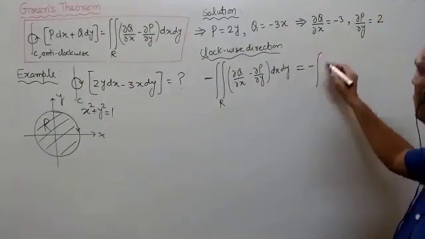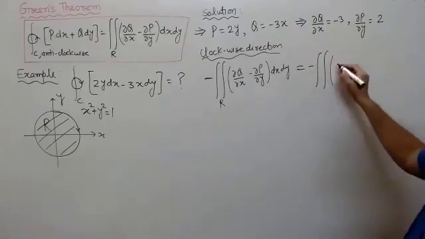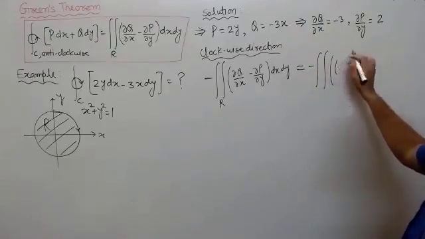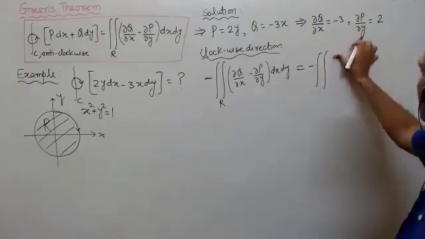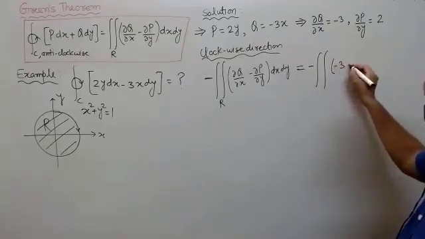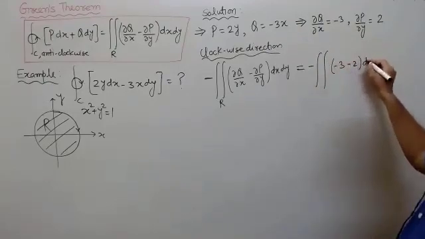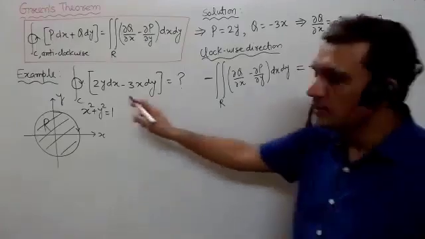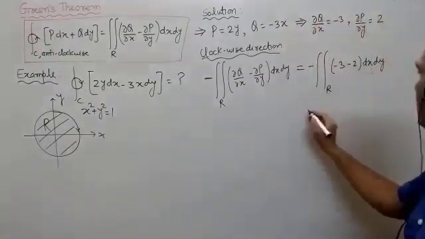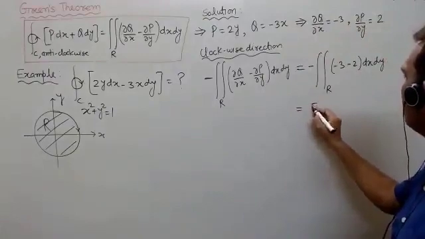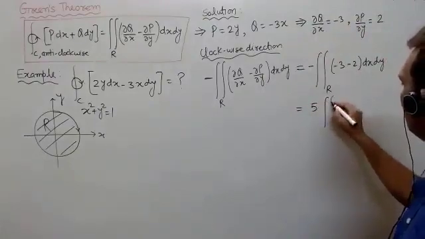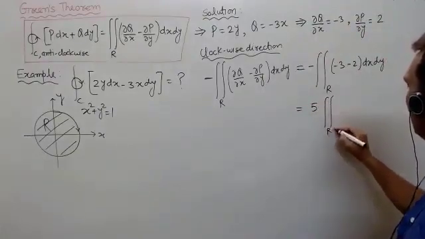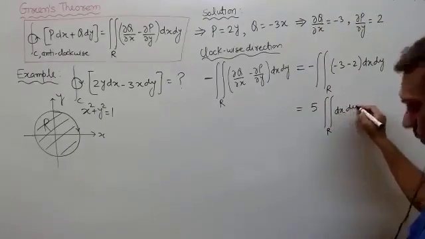So this will give you del Q by del x is minus of 3 and then minus of 2 dx dy over this region. So minus minus plus, you will get 5 dx dy.